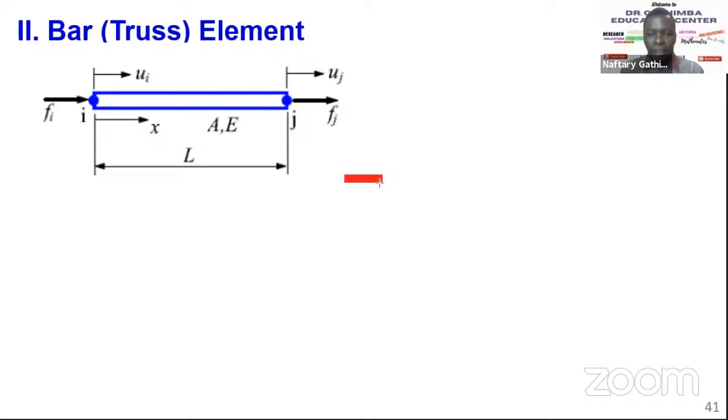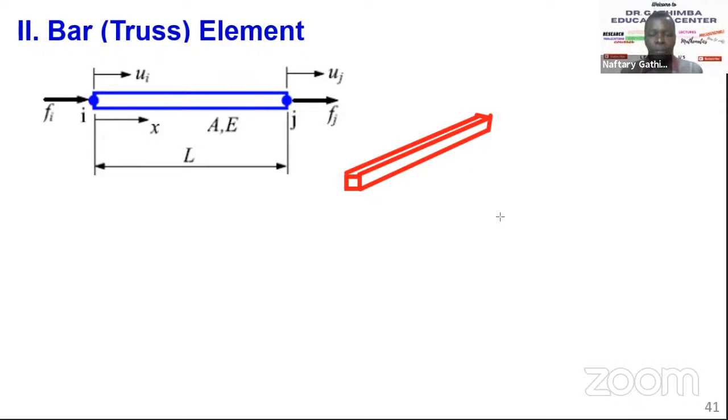Maybe that's the cross-section, and these are the edges. So this is the prism we are talking about.